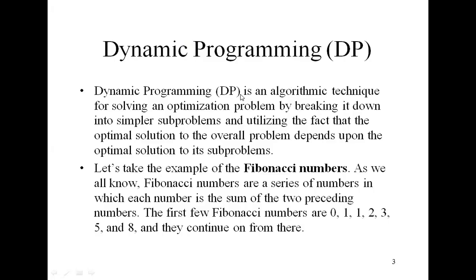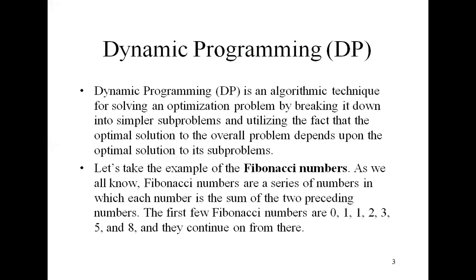So what is dynamic programming? Dynamic programming is an algorithmic technique for solving an optimization problem by breaking it down into simpler subproblems and utilizing the fact that the optimal solution to the overall problem depends upon the optimal solution to its subproblems.